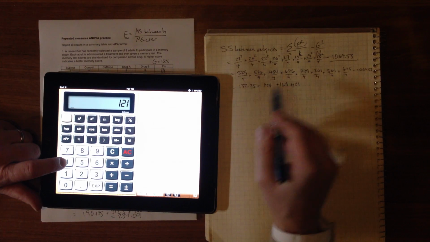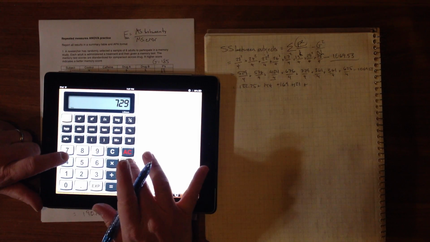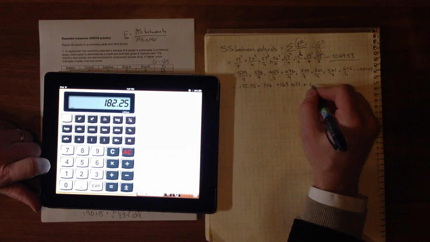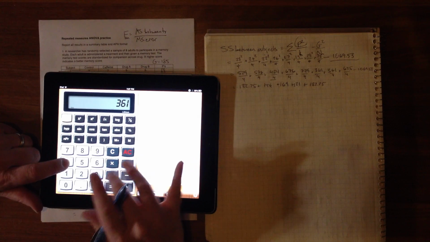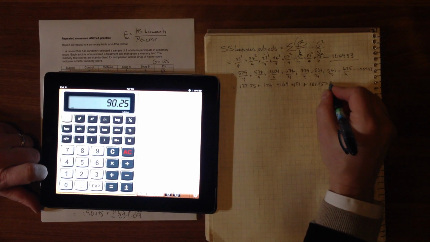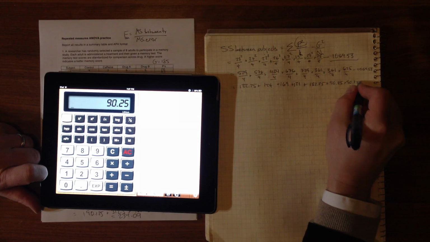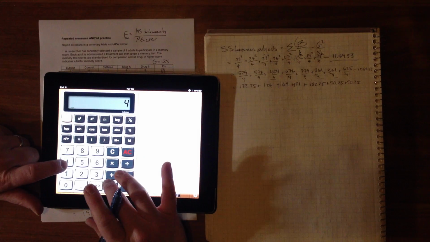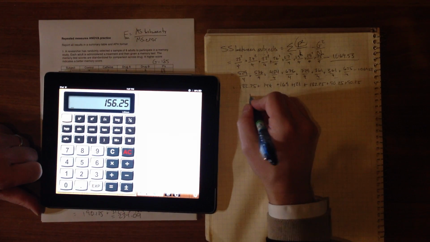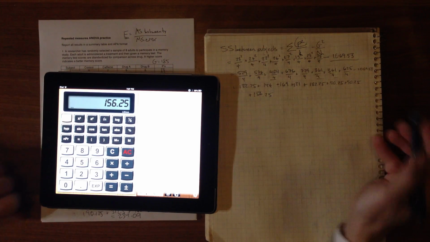Okay, but it's in there now. 729 over 4 is 182.25. 361 over 4 is 90.25. And remember, we had two of those. And finally, 625 over 4 is 156.25.